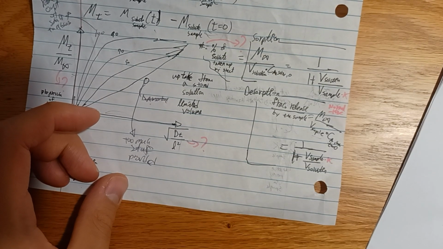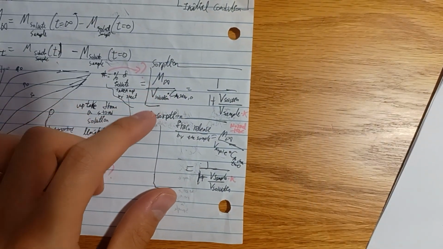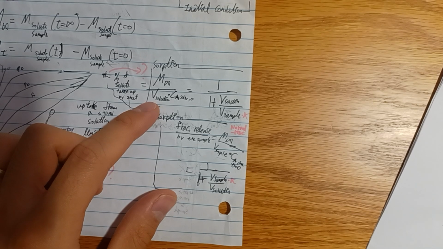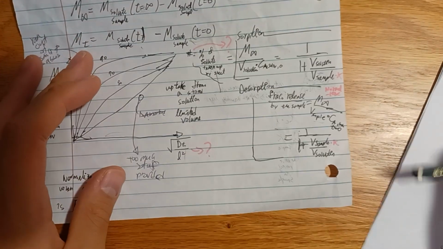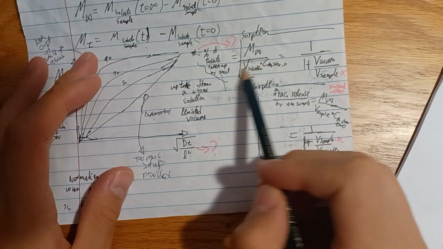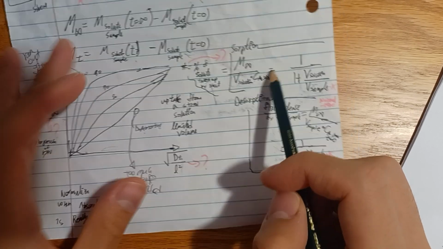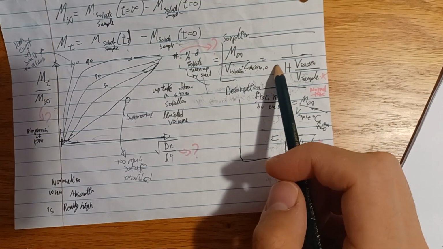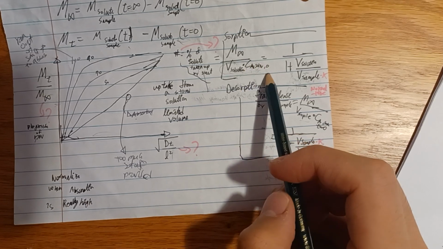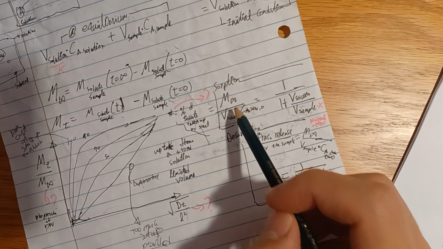And what it's actually trying to say is M infinity over the volume of solution times the concentration of A solute in the solvent. So when it's zero, this is approaching infinity. So what we're saying is there's too much solute provided, such a big number that it effectively makes it approach zero.